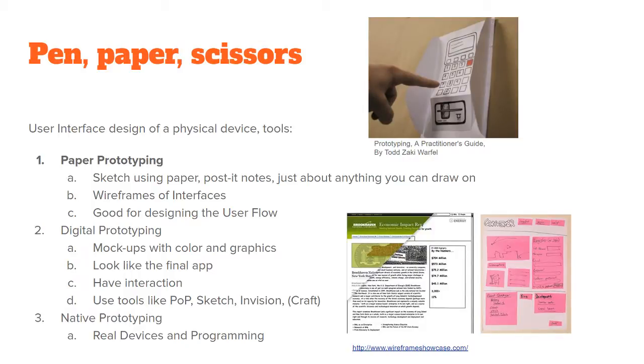Digital prototyping, same thing. So mock-ups with color and graphics, play around with those. So, okay, color and graphics. How do you create color and graphics if you have nothing else? Well, Paint.net works just fine for creating mock-ups for displays. And idea is still about the same.